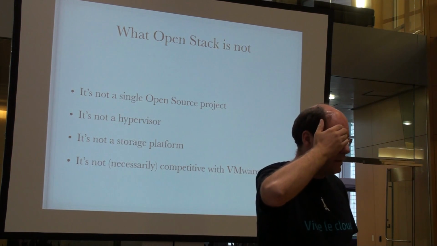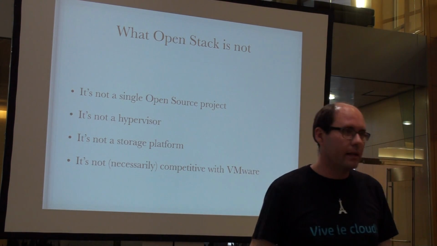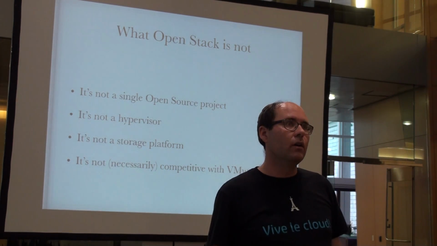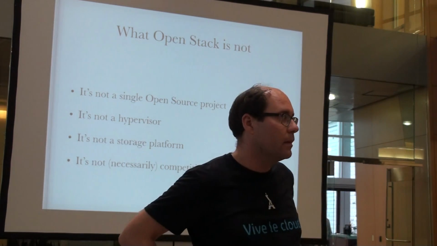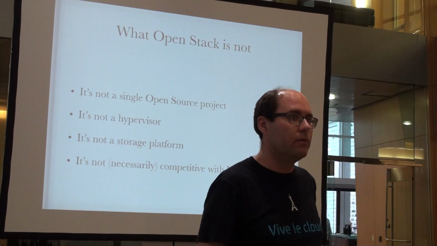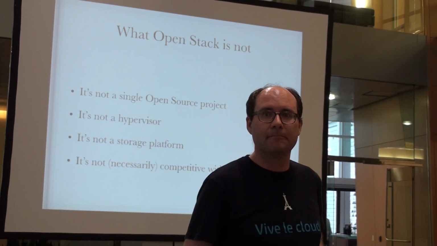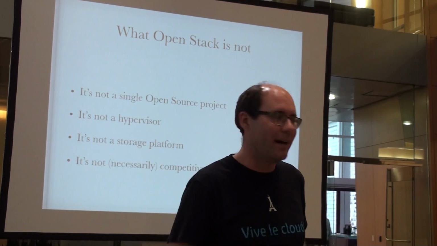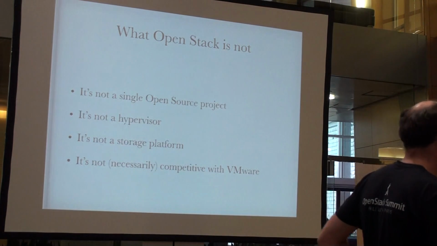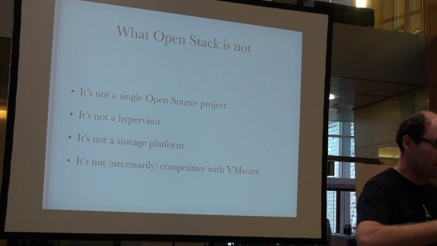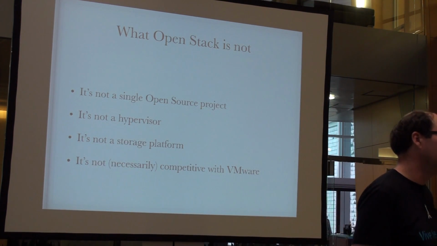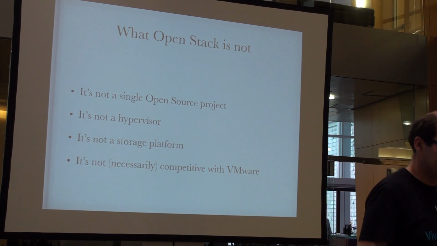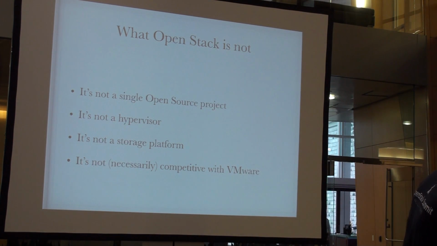And it's not necessarily competitive with VMware, though a lot of people go to OpenStack to save on VMware licensing costs. A lot of people think they can save money, and it's probably true, and then they install OpenStack just to use it for server virtualization. But it's not really where it's at.